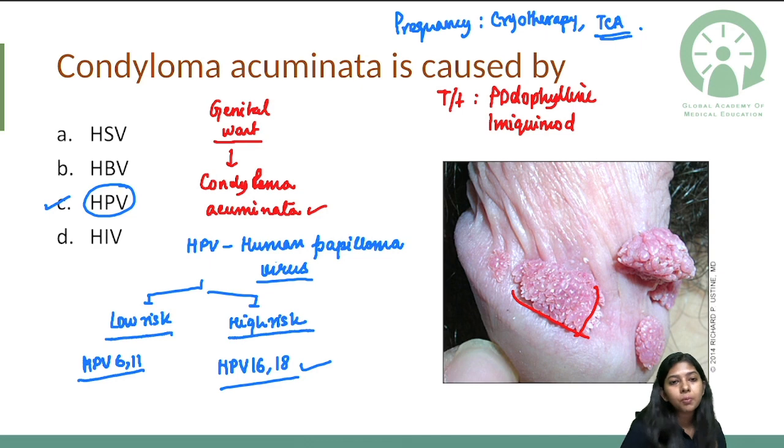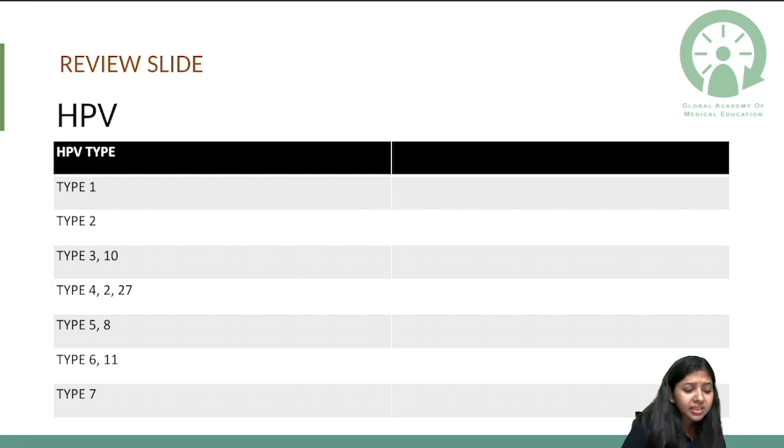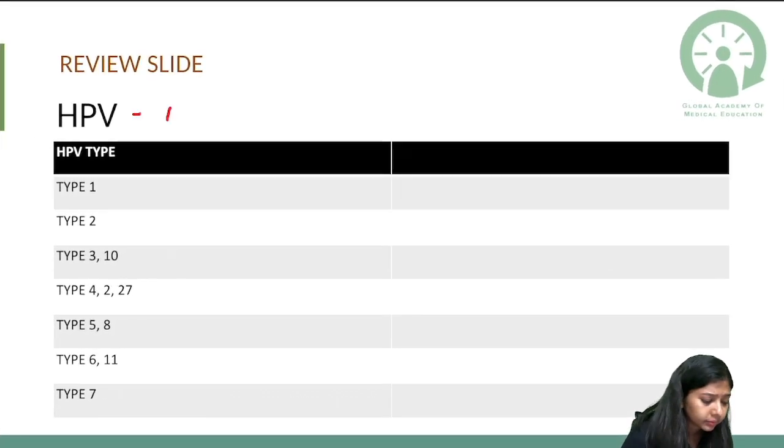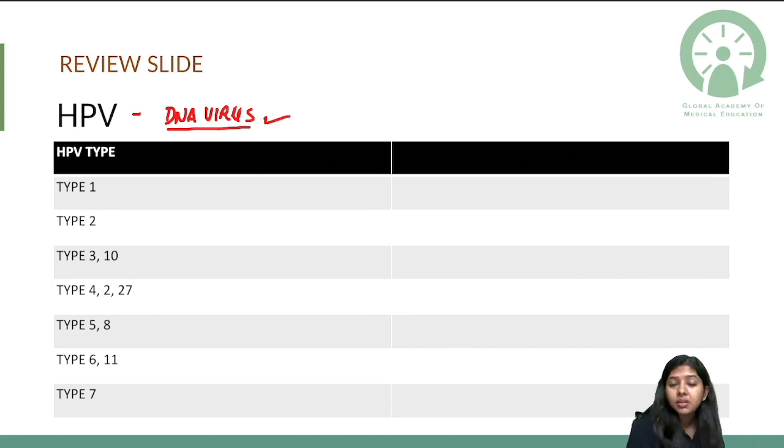So remember genital warts, remember the HPV types, remember the morphology. It's very important. This is again a HPV review slide. HPV, human papilloma virus, is a DNA virus, right? So there are certain HPV types that you have to remember that are associated with the warts that they cause.